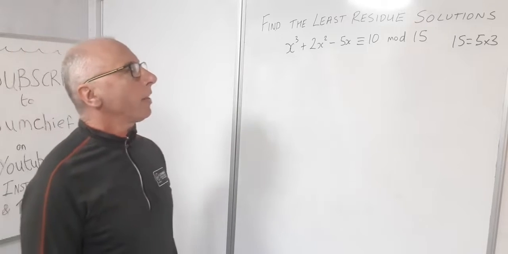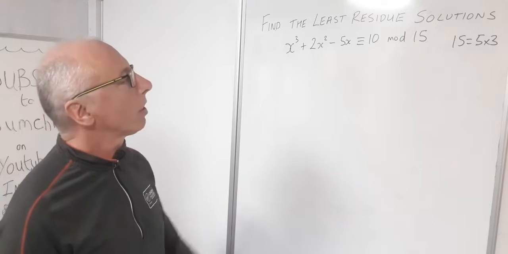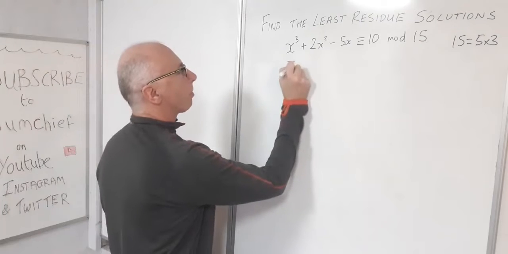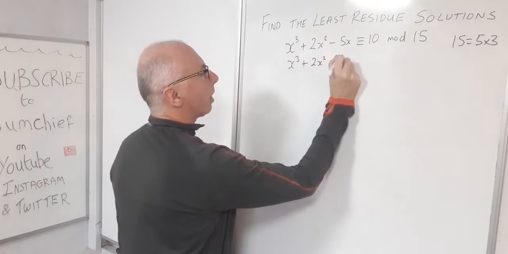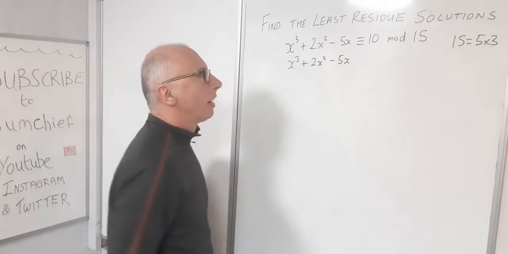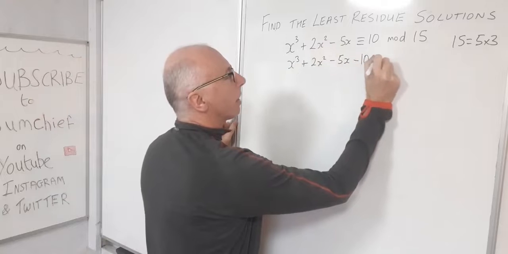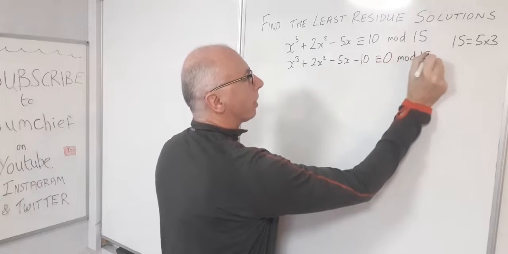So I think the first way to start is to set it equal to 0. If we subtract 10 on both sides, that'll be a good place to start. So x cubed plus 2x squared minus 5x minus 10 is congruent to 0 modulo 15.